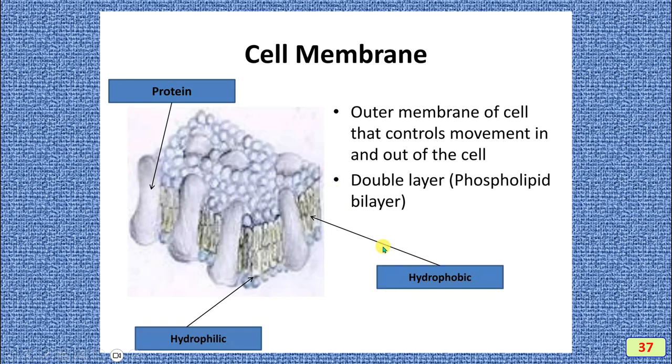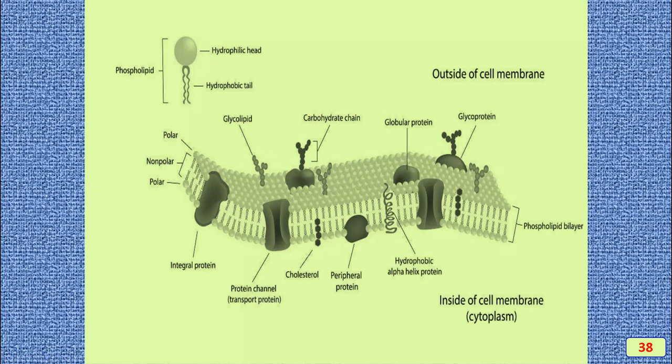So it is a double layer because it contains the phospholipid bilayer, and outside the cell membrane you can see glycolipid carbohydrate chains, then globular proteins, then cytoprotein. Cholesterol is also an integral part of the cell.